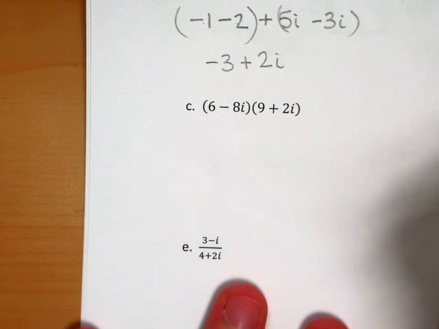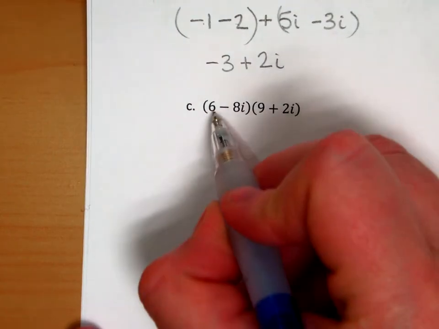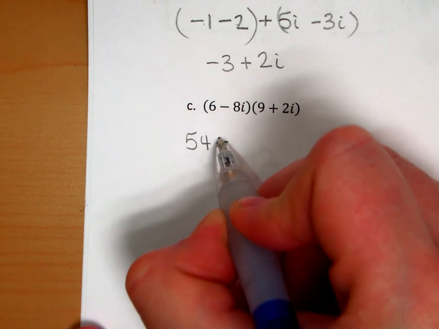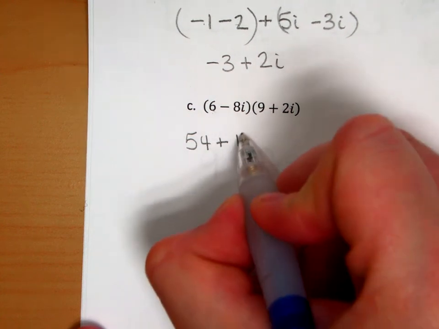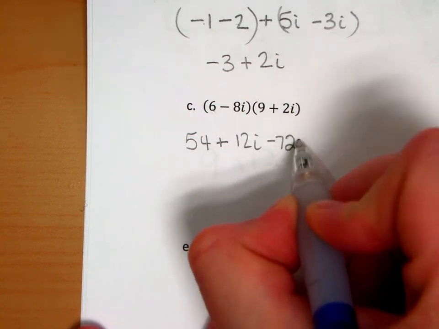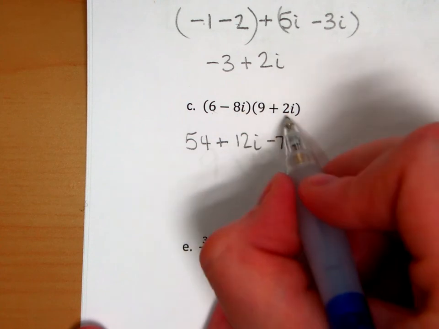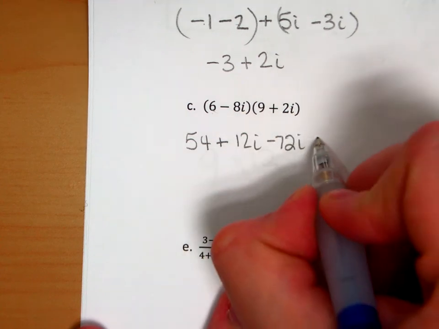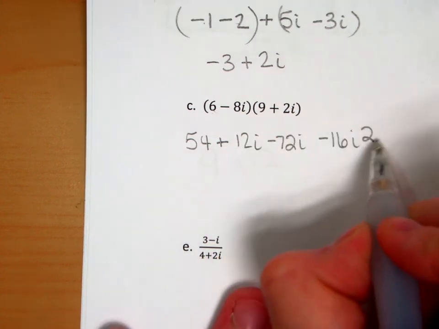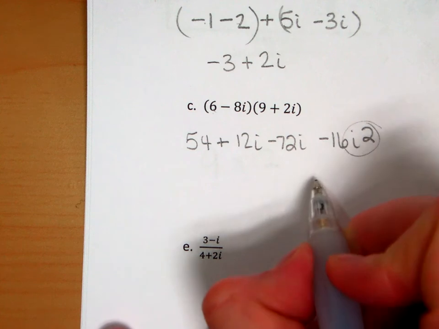This next one, you're going to multiply it through. I strongly suggest you show all your work. So 6 times 9 is 54. Plus 6 times 2i is 12i. 9 times negative 8i is negative 72i. Negative 8i times 2i is a negative 16i squared. i squared always will change the sign.